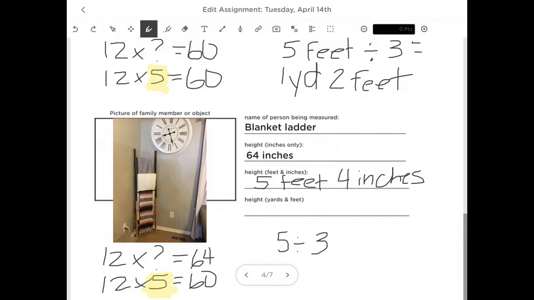Divide my feet, which is going to give me, again, going in one time, 1 yard with 2 feet left over. But then we also have our inches. So this one is going to be quite long. So here you're going to have 1 yard, 2 feet, and 4 inches.